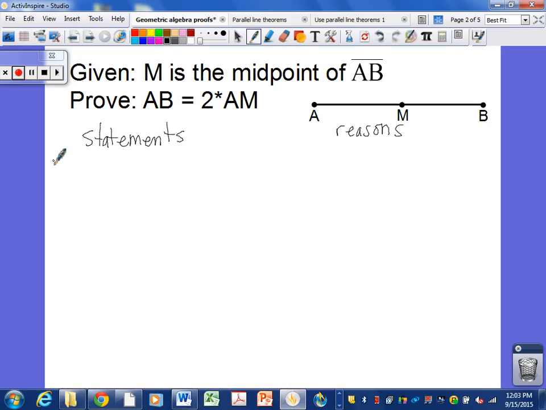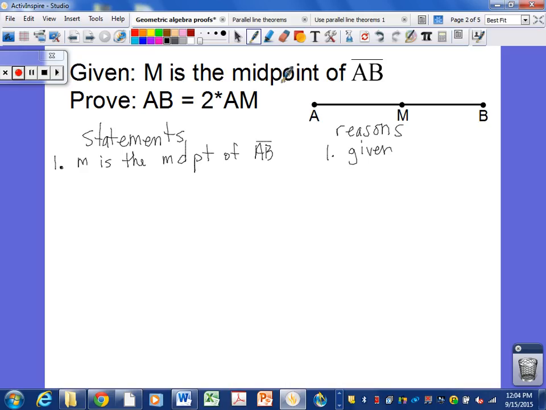Okay, always statement number 1 is your given information. M is the midpoint. MDPT is shorthand for midpoint of segment AB. And the reason is it is given. Okay, you are always given some information to start with.